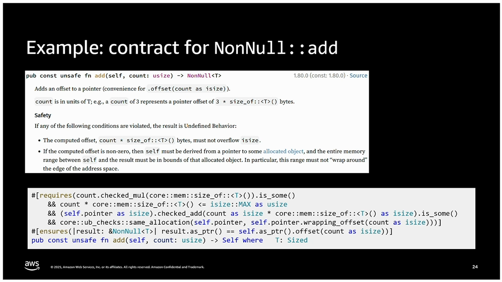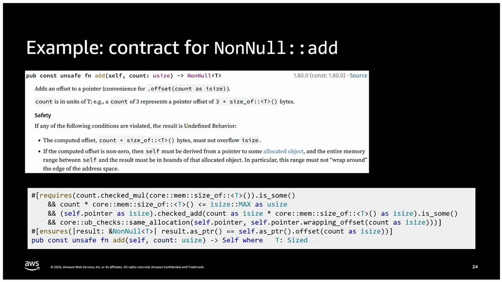And then the second requirement is that if the computed offset is non-zero, then self and self plus the pointer offset, essentially, have to be pointing to the same allocated memory. And this is what the second clause, or second conjunct, in the precondition does.